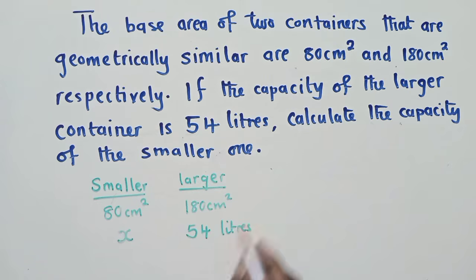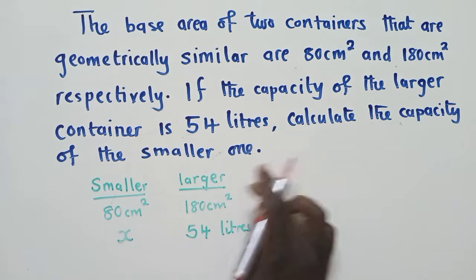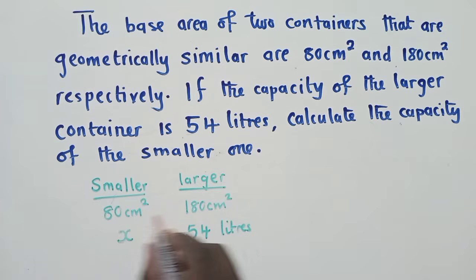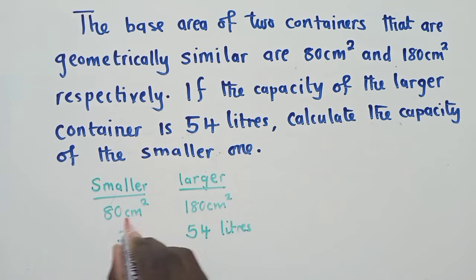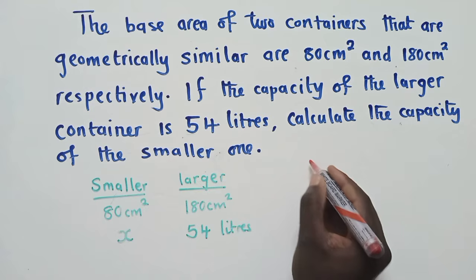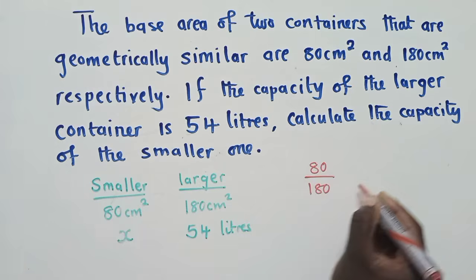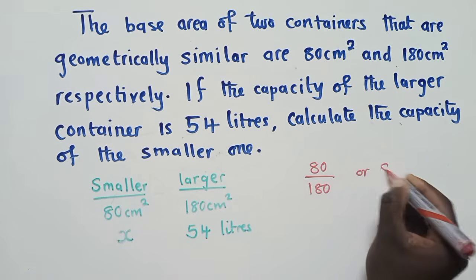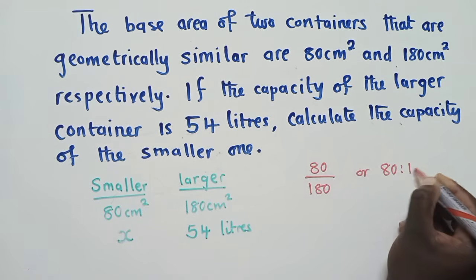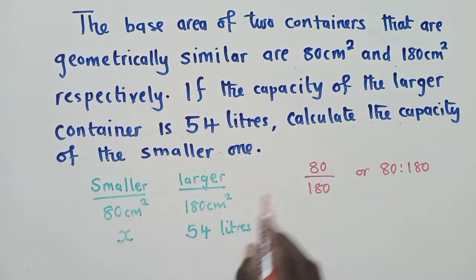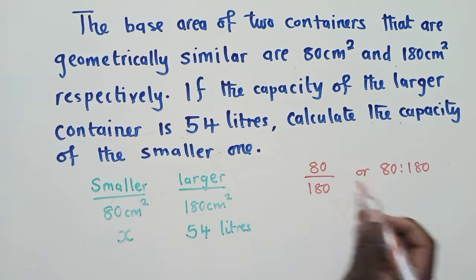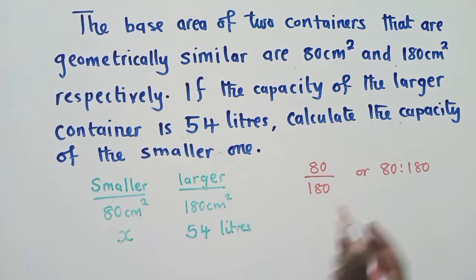Here we are going to find the ratio factor using the areas you've been given. We're going to say 80 over 180, or if you want you can say 80 to 180. We're using the areas to find the ratio factor. This is a ratio and this is a ratio, and what is here is the same as what is here.